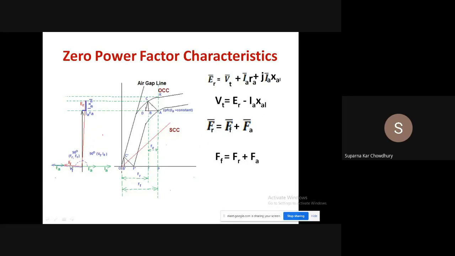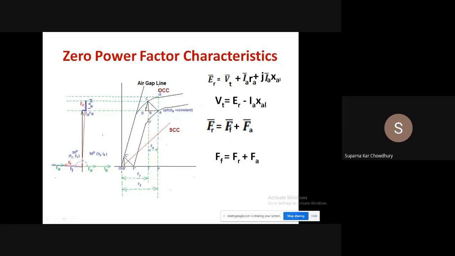So we have FR, we have FA, so FR minus FA will give you FF. As FR and FA are almost 180 degrees opposing, FF is approximately equal to FR plus FA. That is, this phasor equation reduces to this scalar equation under the zero power factor condition. So the zero power factor characteristic is a characteristic for constant current.